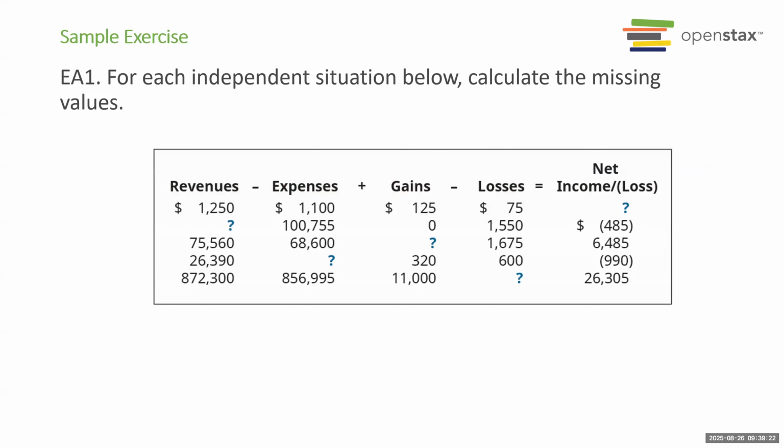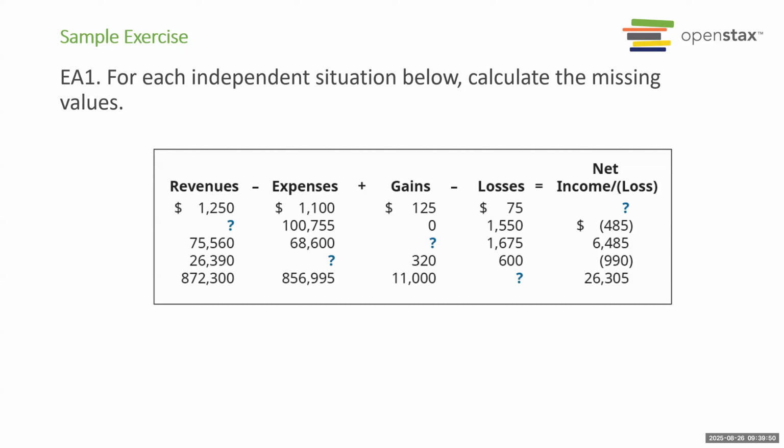Okay, let's look at example EA1. For each independent situation, calculate the missing values. Again, this is basically formulaic. Here we're asked to figure out what's missing, and this is kind of a simple algebraic formula. I'll let you work through it on your homework, but you'll have the answers here.